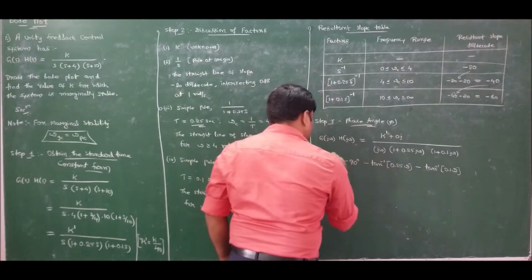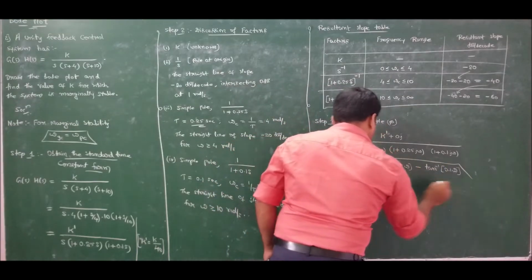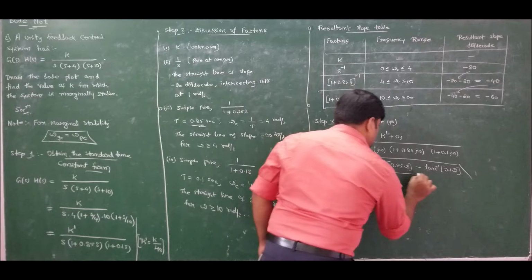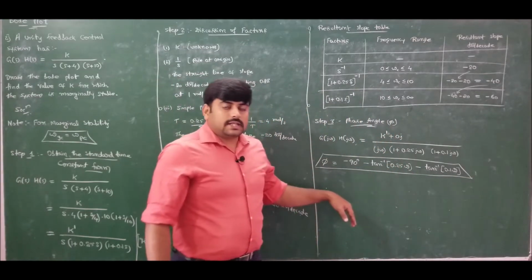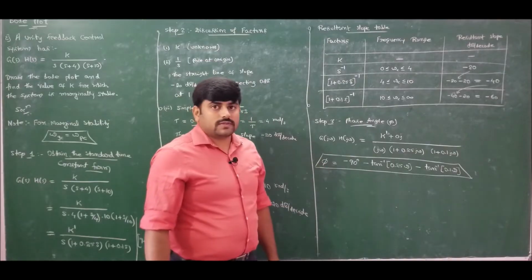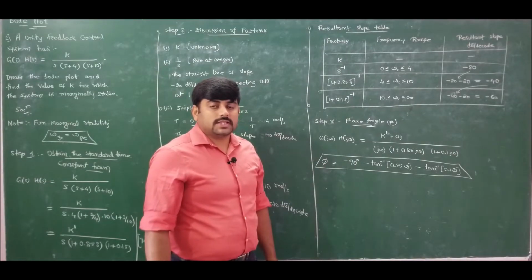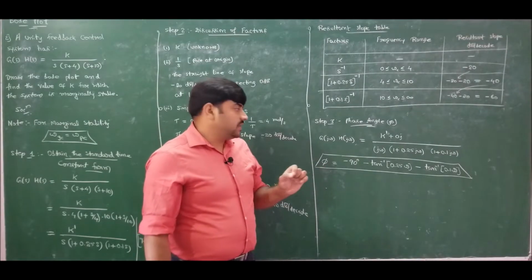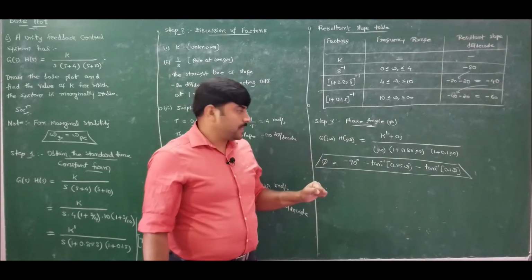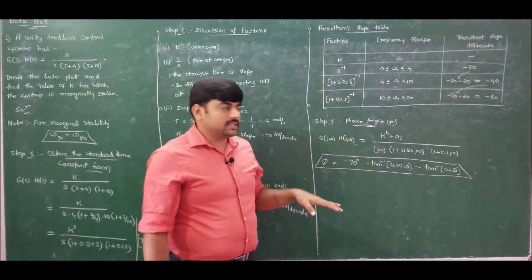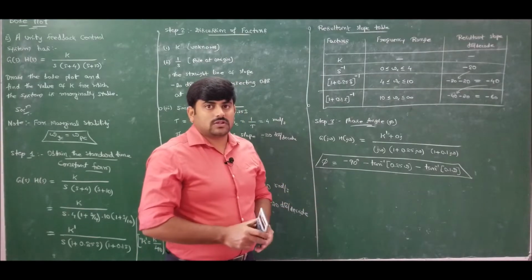So I got the equation for phase angle. Now without plotting the Bode plot, I can determine the phase crossover frequency. What do you mean by phase crossover frequency? The frequency at which the phase angle is minus 180 degrees is called the phase crossover frequency. Using the definition, first you find out the phase crossover frequency.